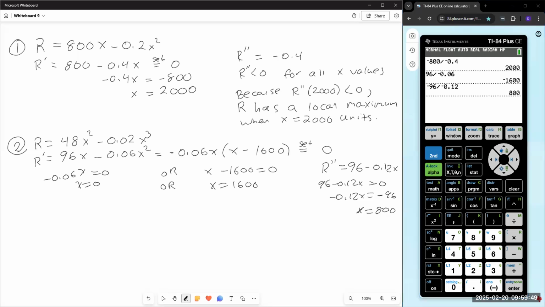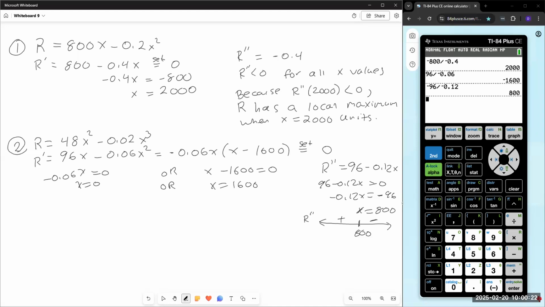Making a sign chart for my second derivative here, our double prime. Here's 800, and to the left of 800, a number like 0, 96 minus 0 is a positive number. And then to the right of 800, like 1,000, we would have something like 96 minus 120. That would be a negative number.